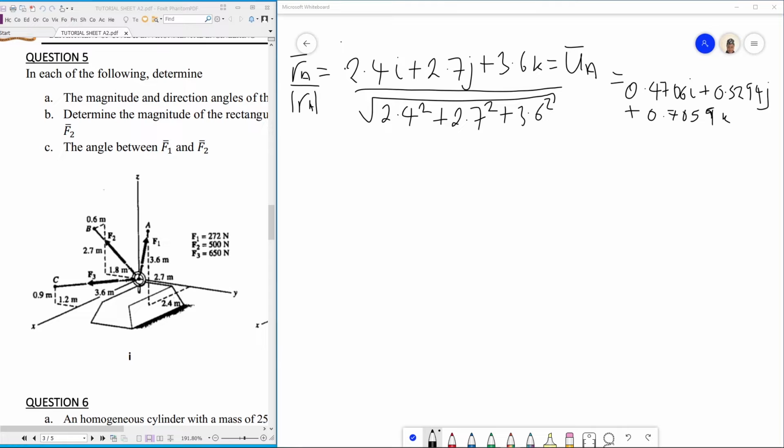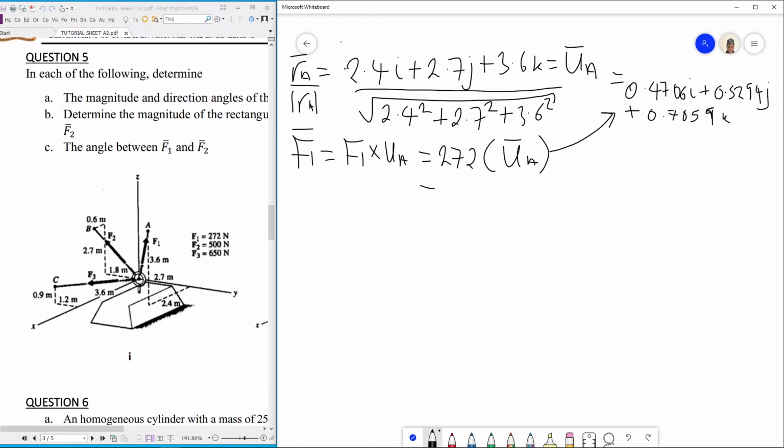So then our F1 as a vector will be equal to F1 multiplied by UA, which will be equal to 272 multiplied by the UA, which is this one here.